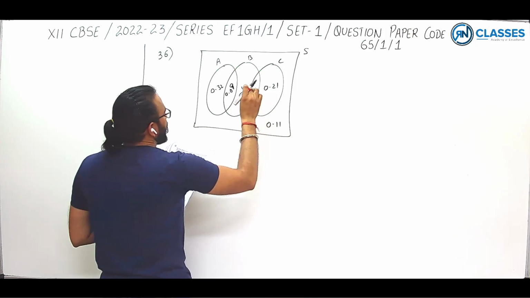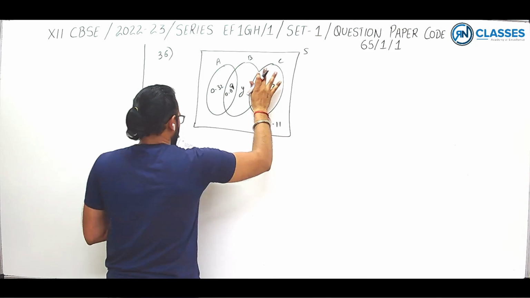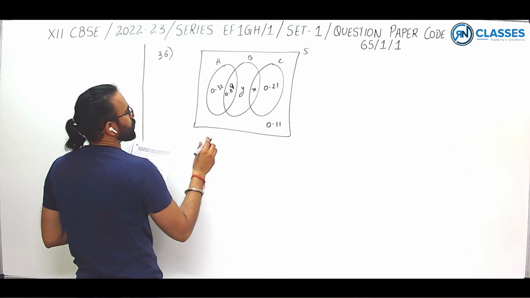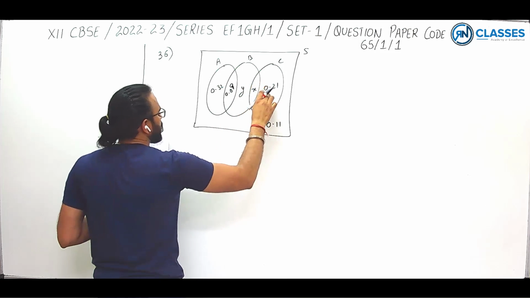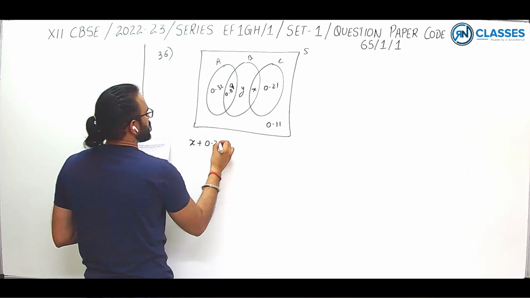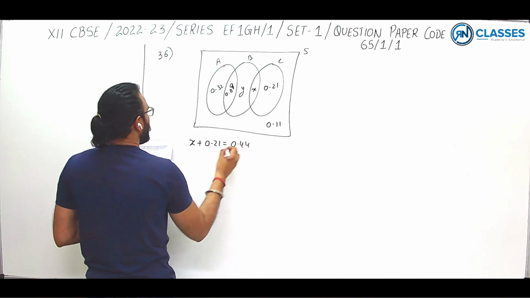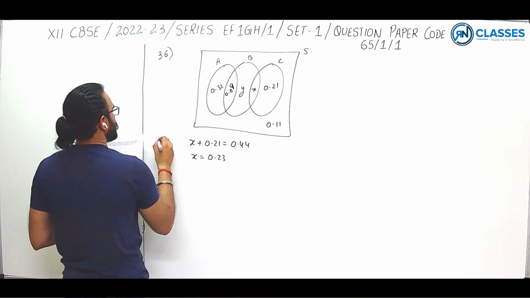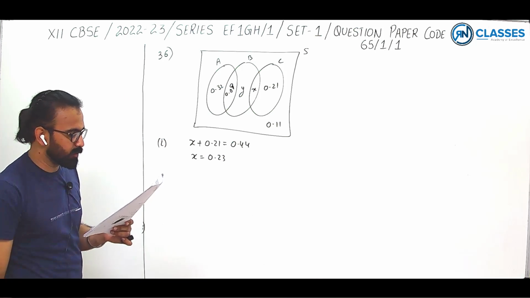To find X, X is a part of set C, and we are given that the probability of a member performing type C yoga is 0.44. This means this plus this part must be equal to 0.44, and from here we will get the value of X as 0.23. So the answer to the first part is 0.23.